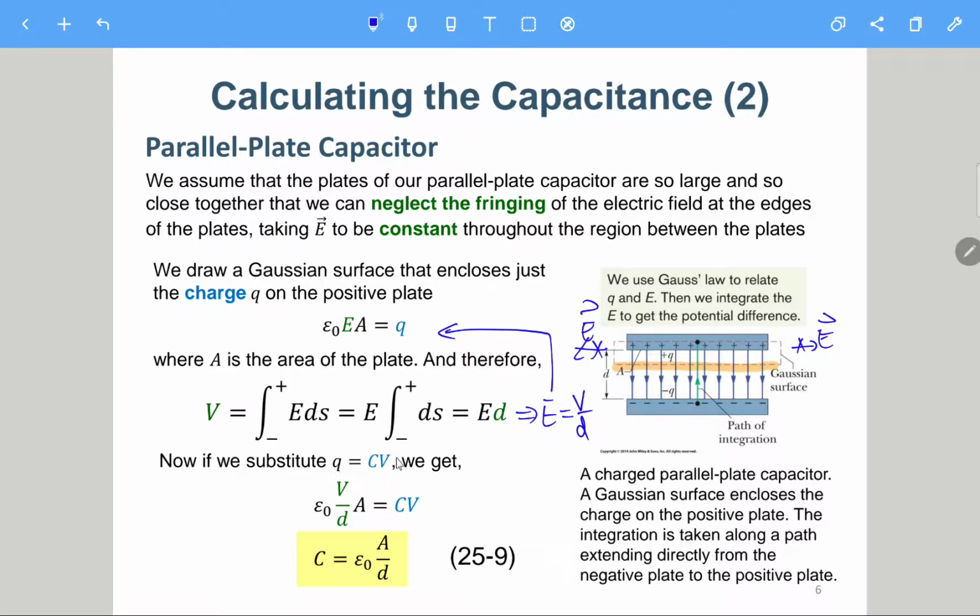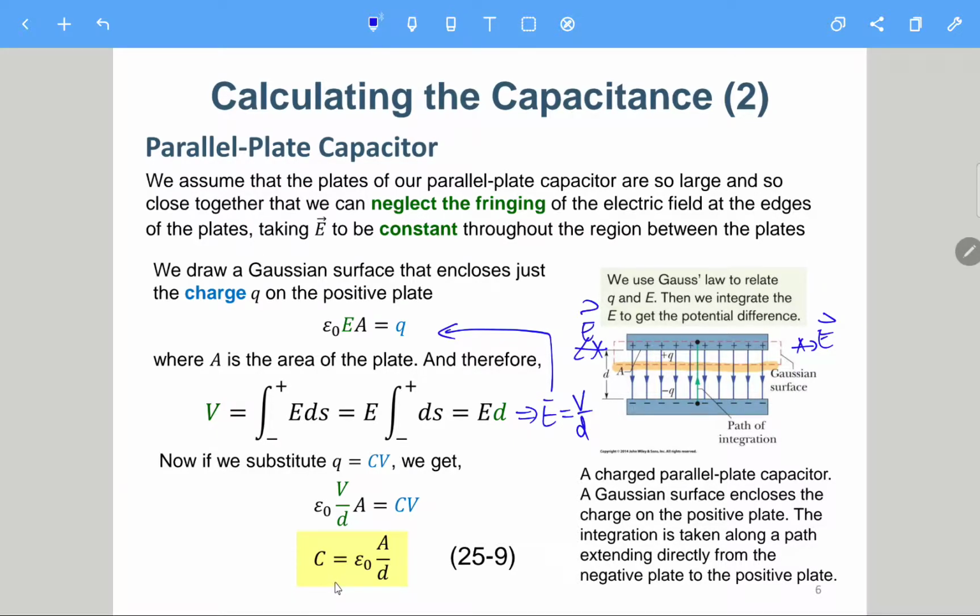Also, we already defined that Q equals CV for a capacitor, so this also goes to the right side. So we have epsilon naught V over d times A equals CV. V and V can be cancelled, and it turns out to be C equals epsilon naught A over d.